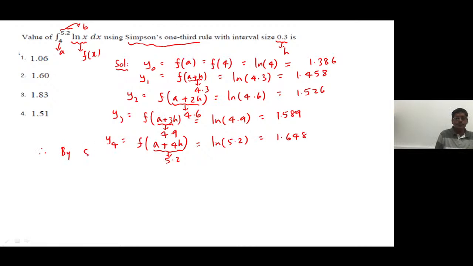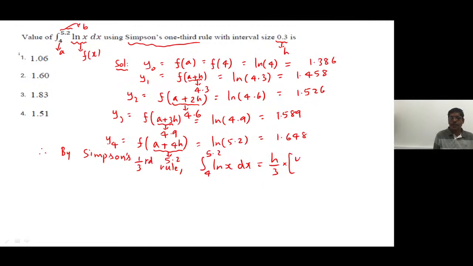Therefore, by Simpson's one-third rule, integral 4 to 5.2 of log x dx is equal to, the formula is h by 3 into y0 plus yn, that is the last ordinate value y4, plus odd suffix values multiplied by 4, that is 4 into y1 plus y3, even suffix y value multiplied by 2, 2 into y2.